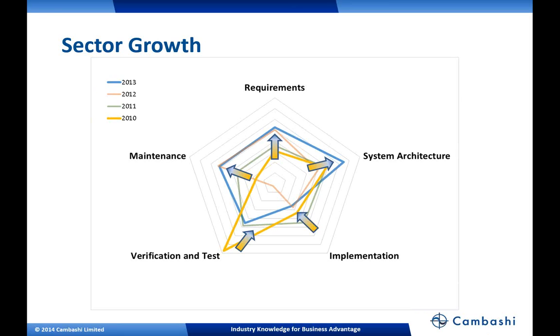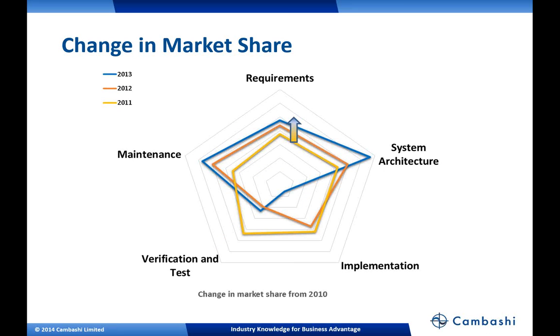But as we saw earlier, growth isn't always a complete picture. So I want to now look at what the relative change in market share is, just to make sure that we really are seeing a change. This shows how things have changed in terms of market share relative to a baseline of 2010. Now, we saw earlier that requirements has increased in share, and I think we can confirm it now with this chart.